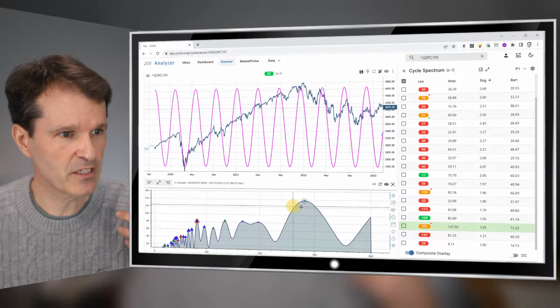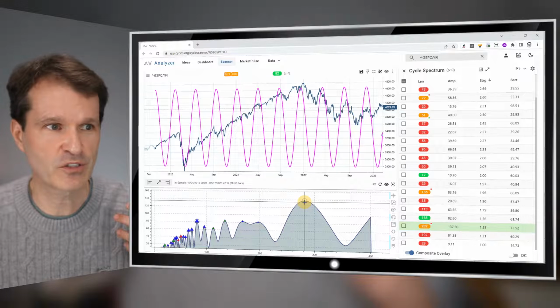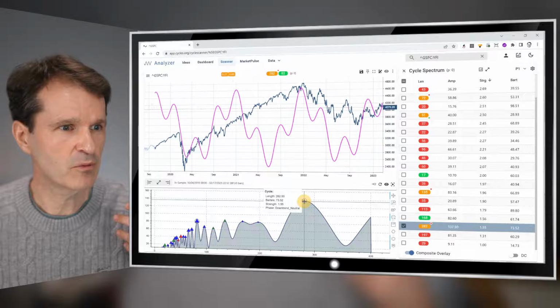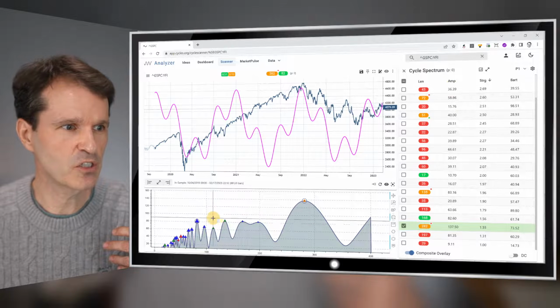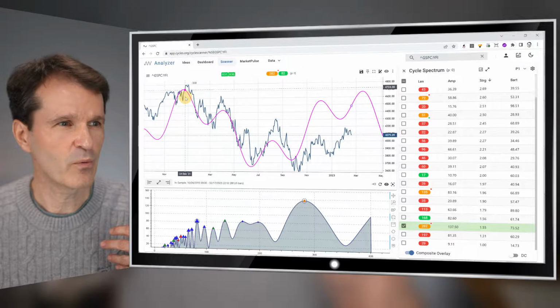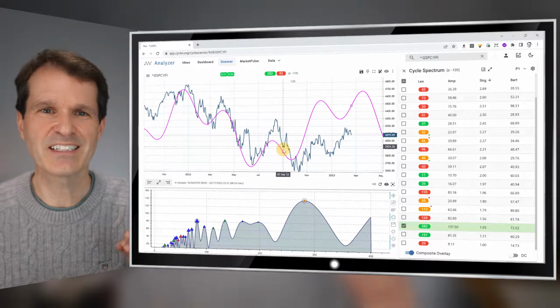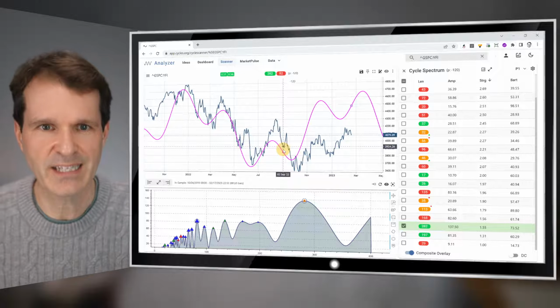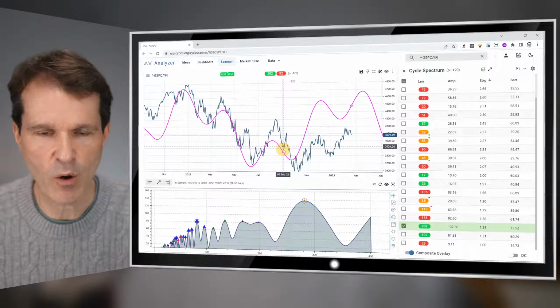You can just pick these 2 which have been circled, and this will bring you a composite based on these 2 dominant cycles, which you can just see, and it has nothing to do with backtesting, curve fitting, or whatsoever.